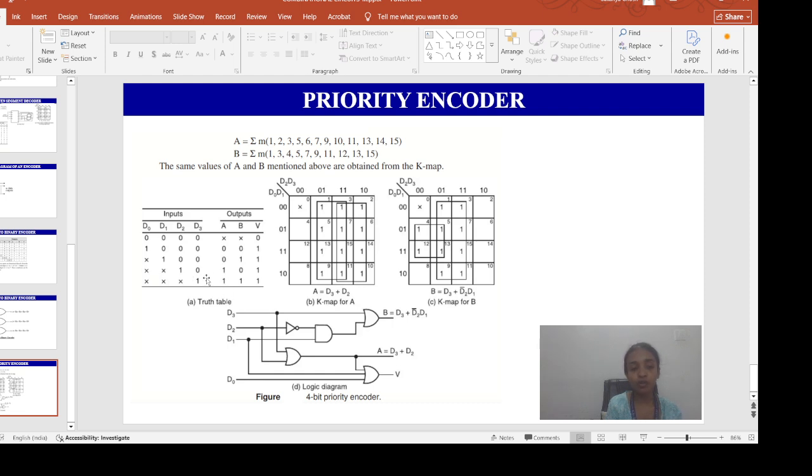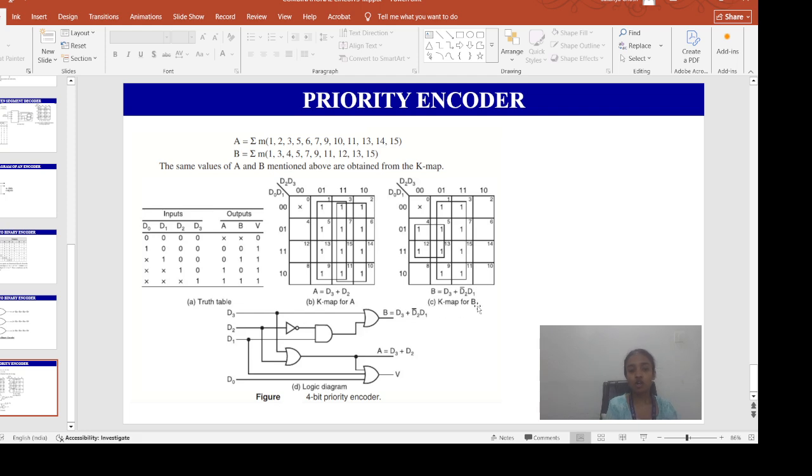A means D3 plus D3 bar D2. And B means, if you put all the possible zero and one combinations instead of the don't care condition, you will get all the 16 combinations.